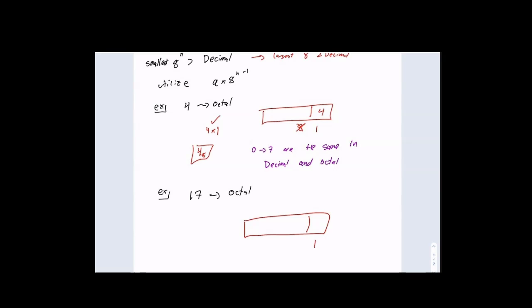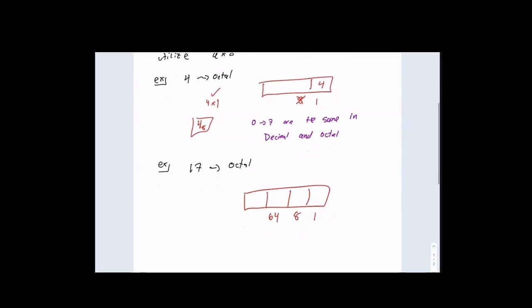Is that less than 17? Yes. The next number, 8. Is that less than 17? Yes. The next number, 64. Is that less than 17? No. So we're not going to use those. What that tells me is that 17 as an octal is a 2-digit number. It is 2 digits, okay?